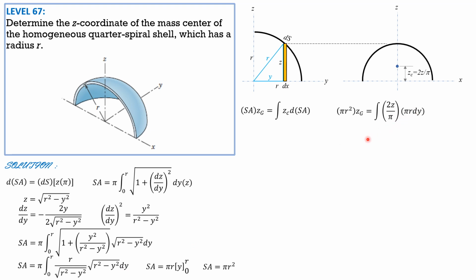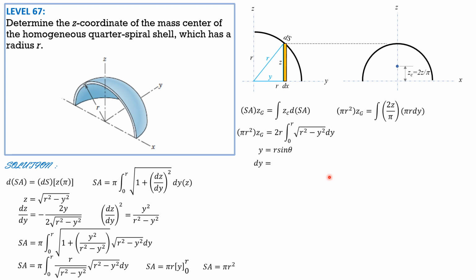cancel out pi. So we have pi r square g sub z equals 2r integral of z dy, where z is square root of r square minus y square from here. So from calculus, when the integrand involves constant square minus y square, we put the variable equal to r sine of theta.